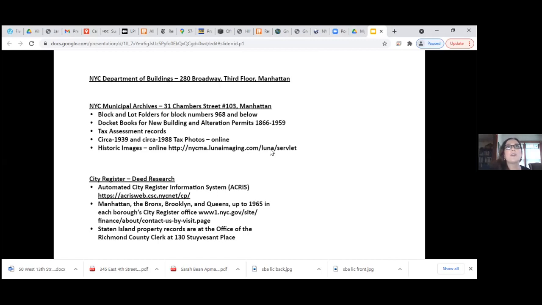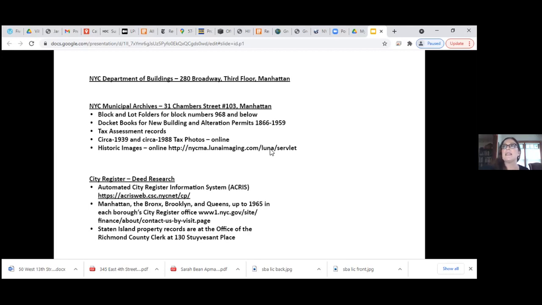The Municipal Archives holds tax assessment records for Manhattan from 1789 to 1979, Brooklyn 1866 to 1975, Queens 1899 to 1988, the Bronx from 1897 to 1962, and Staten Island 1899 to 1979.